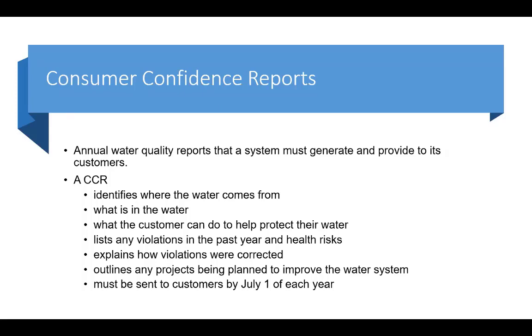Those reports that you looked at should identify where the water comes from, should identify what is in the water, at a minimum, any violations that occurred, and what the consumer can do to protect the water. And you'll see that these vary significantly in terms of how detailed they are, but there should be some mention of what you can do to protect your water.